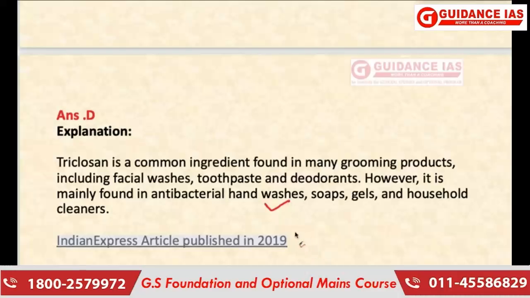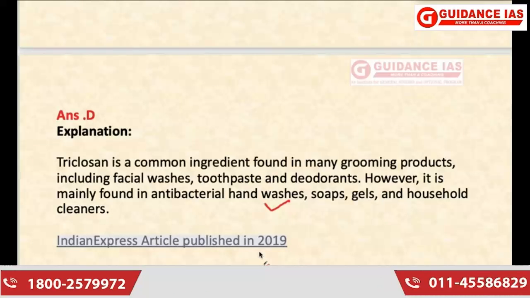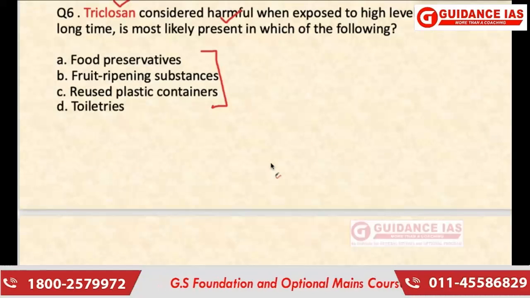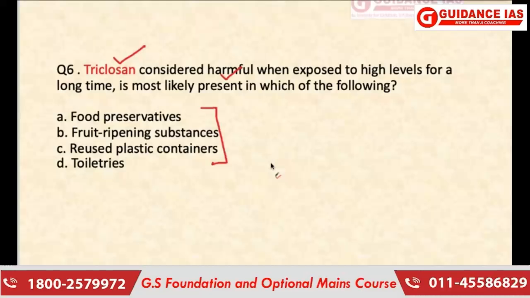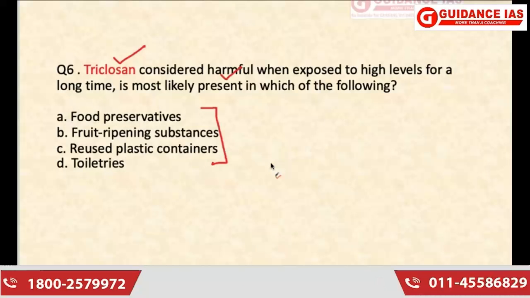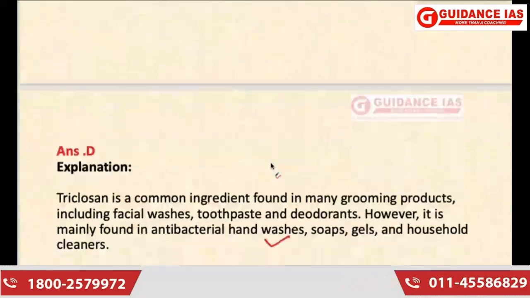And it was published in the Indian Express का एक आर्टिकल में ये पब्लिश हुआ था, 2019 की ये बात है. And after one and a half years, UPSC has asked this question. So make sure you read such terms, or you read your newspapers carefully at least whenever you come across any new term which you are not aware of. Make sure you note them down. उनके बारे में आप एक दो लाइन लिख लीजिए, उनको समझ लीजिए.